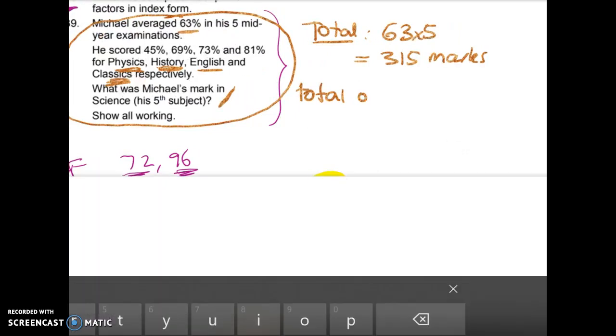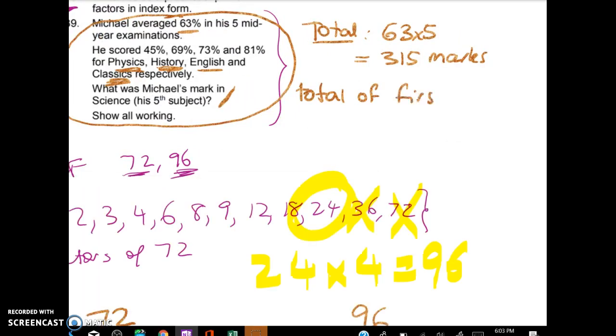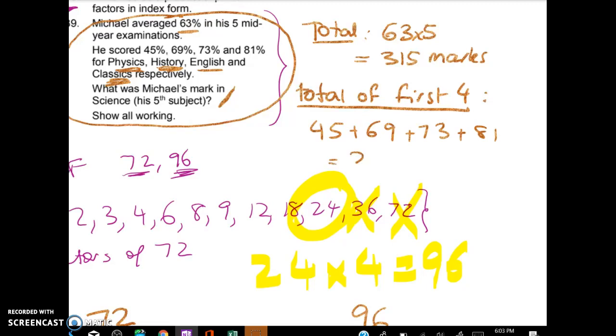So total of first 4, and then we're going to underline it and put a little colon. We're going to have 45 plus 69 plus 73 plus 81. Right, now what does that give me? Well, that adds up to, I think, 268 marks.